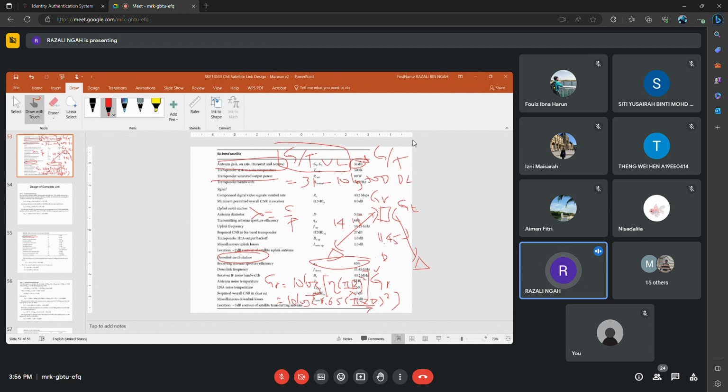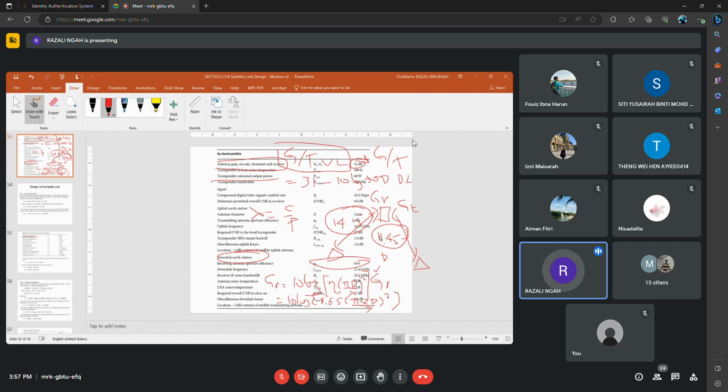So you can see that we have different frequencies. Then it will give you different path loss. That's the main difference between uplink and downlink CNR.